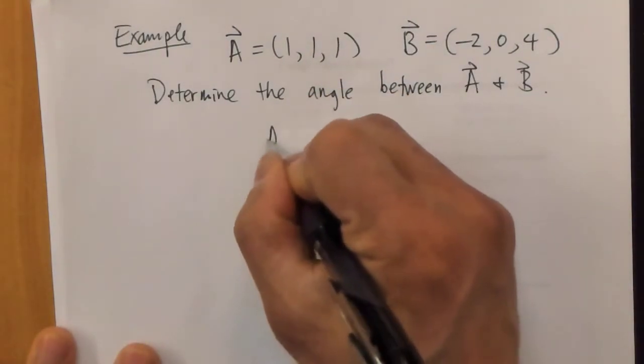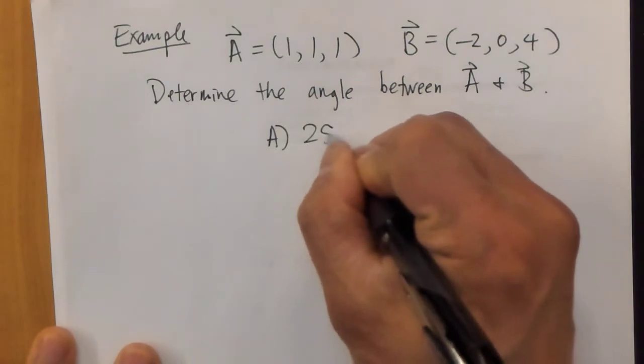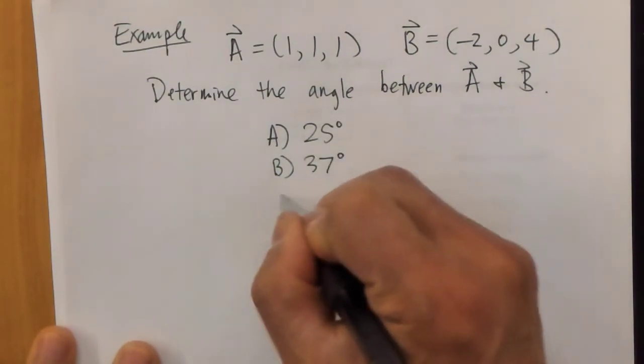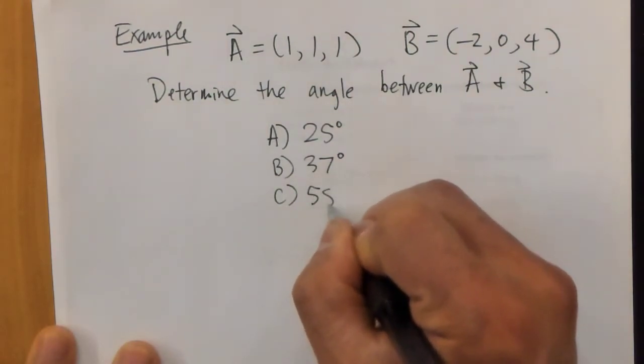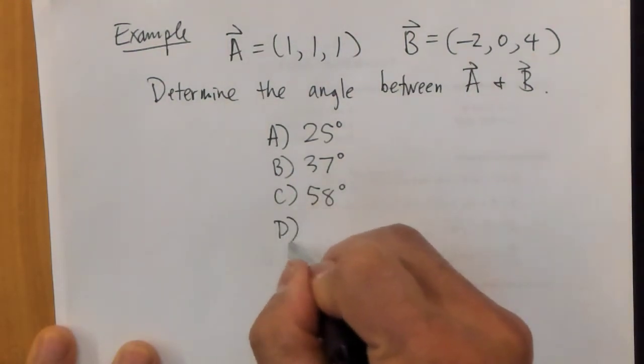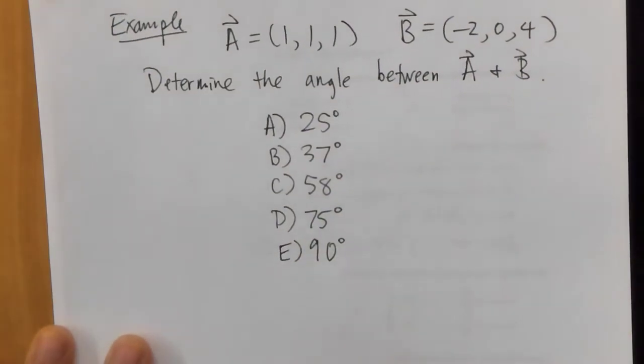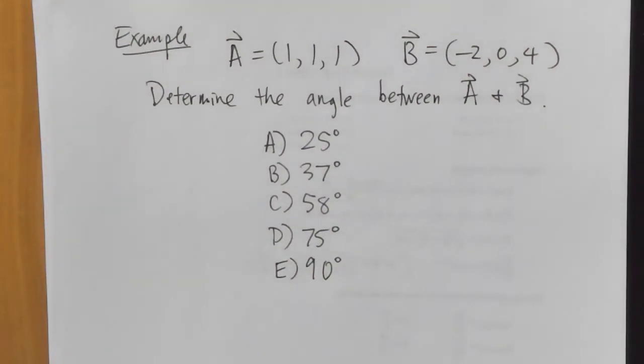Okay, so we have A 25, B 37, C 58 degrees, D 75 degrees, E 90 degrees. Okay, so let's give that a shot. The dot product, if you forgot already, calculate it again.